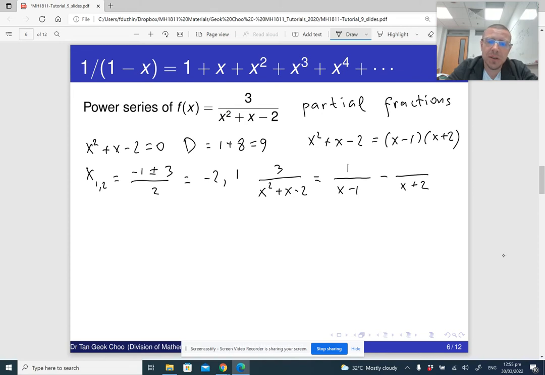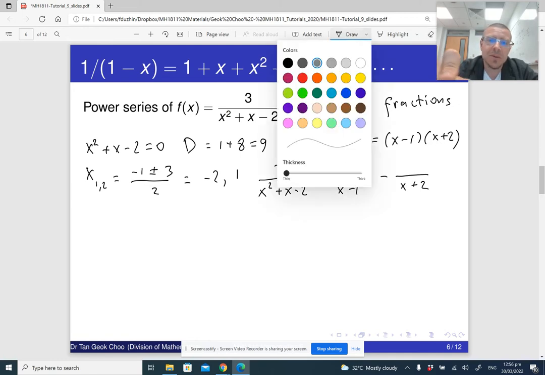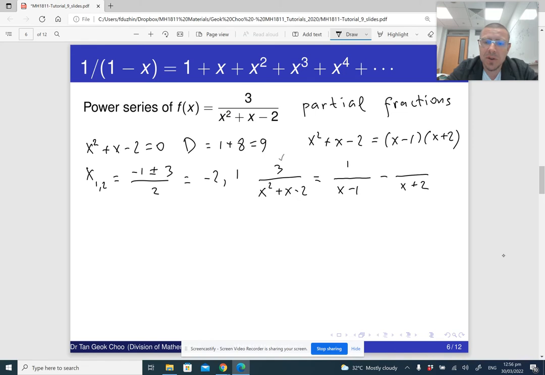Suppose that if this were a 1, then the numerator is going to be x plus 2 minus x minus 1, which is x plus 2 minus x plus 1, which is just 3. Right, so if I just write 1 here, then the numerator of the fraction is going to be 3, which is precisely what I want, right? So essentially I don't really need to change anything. So it's going to be just 1. Okay, good.